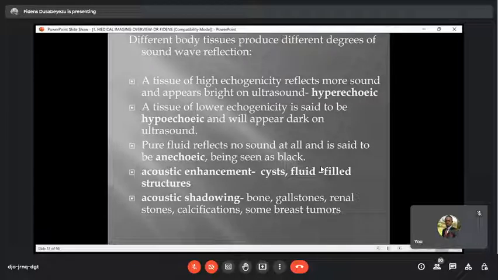But behind a structure like bone, stone, or calcification that blocks many sound waves, there will be a shadow instead of enhanced white, because nothing has gone through that structure. That sign is called acoustic shadow. And that will mean the structure we're looking at is a stone, something solid that has blocked my sound waves.